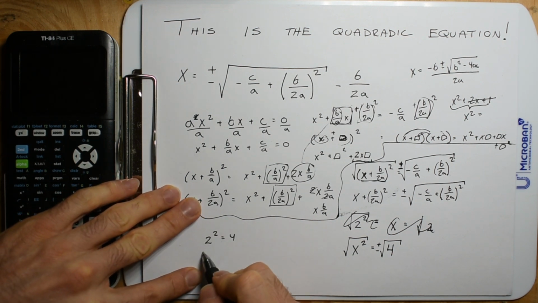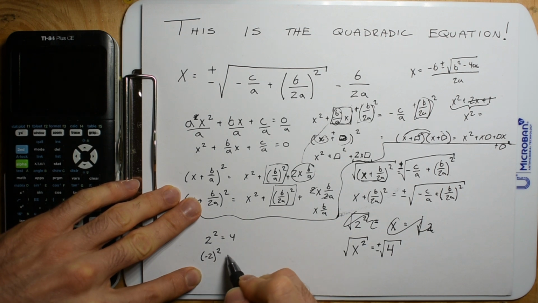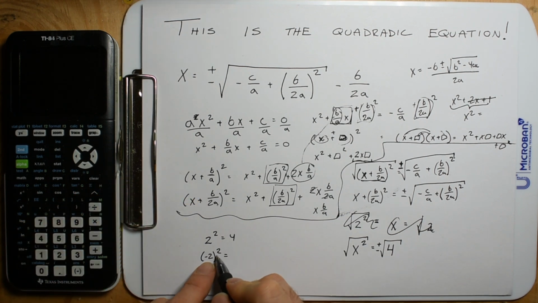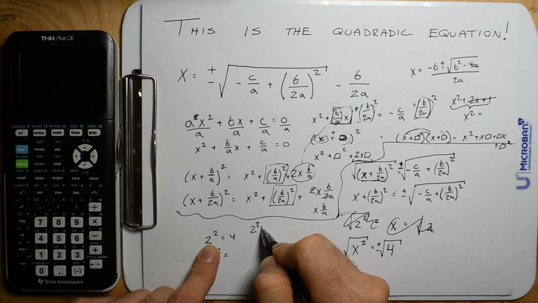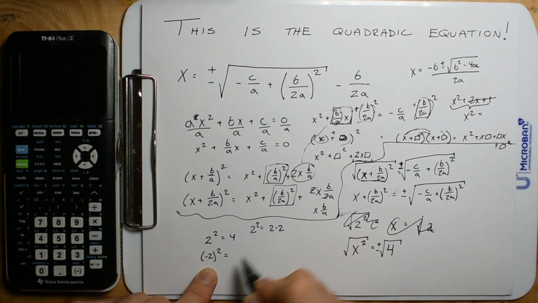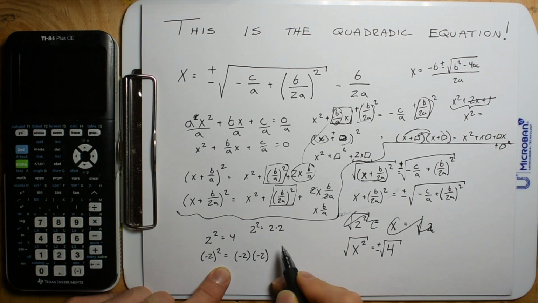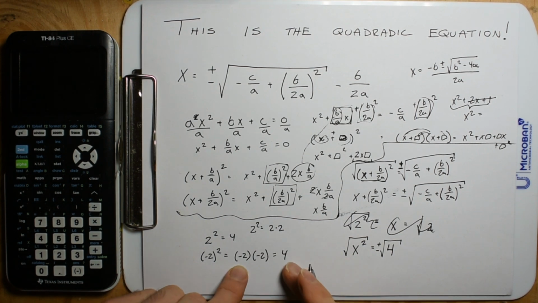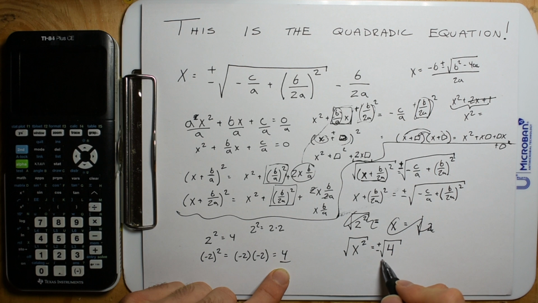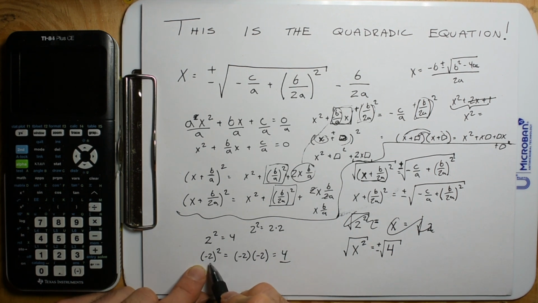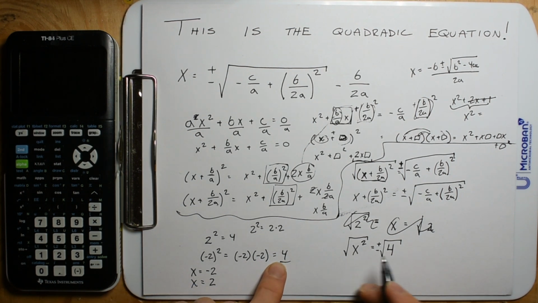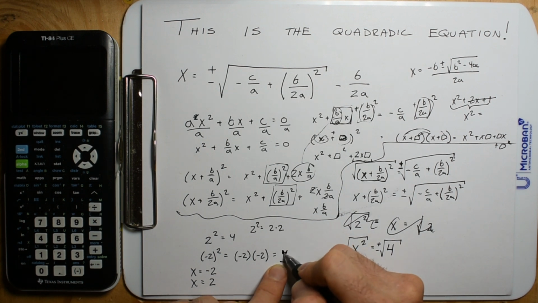But also, negative 2 squared: 2 squared is just 2 times 2, whereas negative 2 squared is negative 2 times negative 2, and this gives us positive 4. So that satisfies the equation. So negative 2 was an answer. So x is negative 2, and x is 2. Cool. And yeah, this is just fascinating.